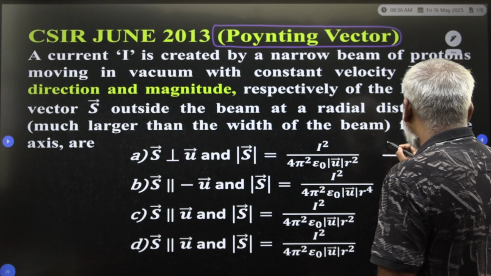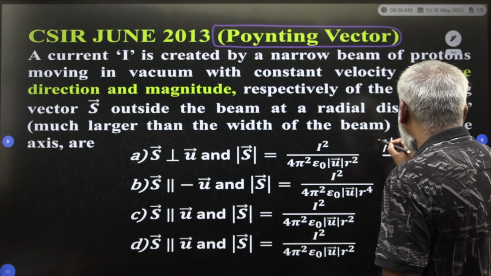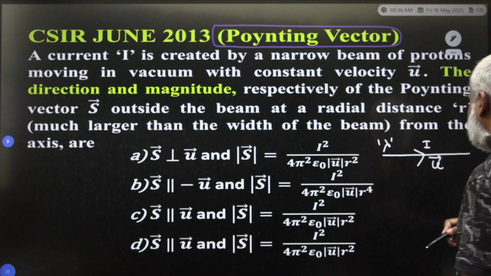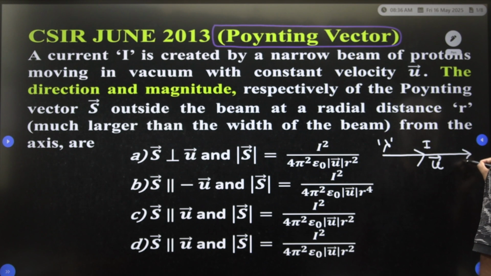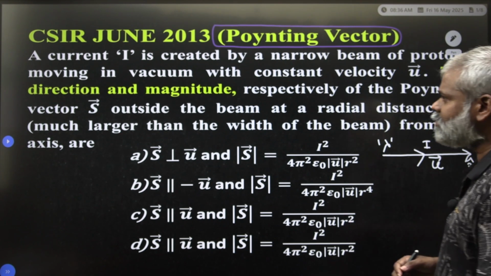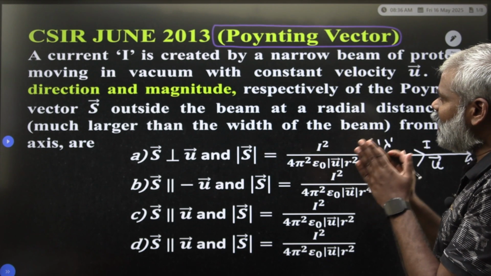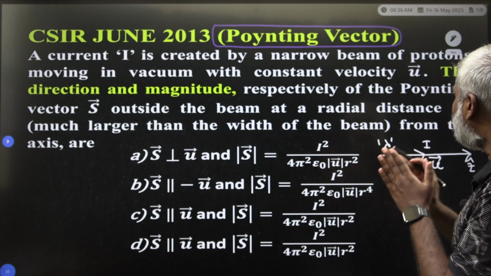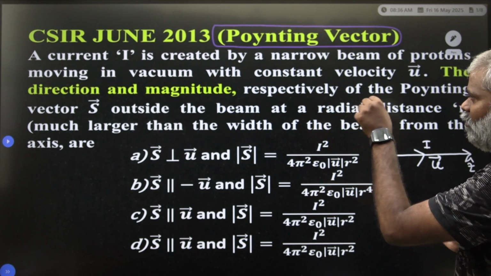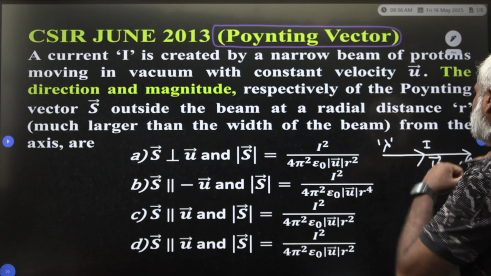Therefore you have to take it as a linear system with linear charge density lambda, moving along the z cap direction. Once again, listen: the current I is created by a narrow beam of protons moving in a vacuum with constant velocity u.